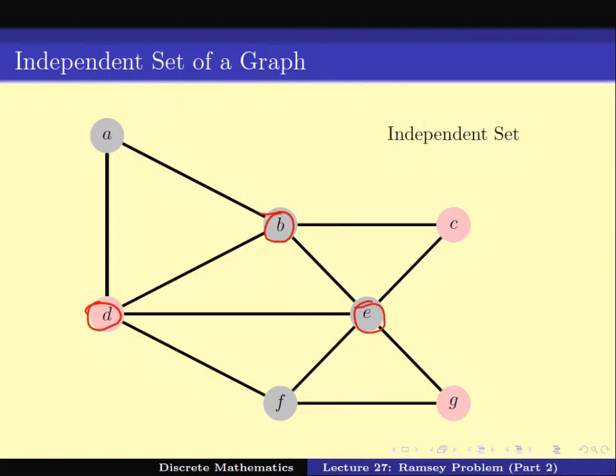Now, if we had an edge between A and E, then in that case, A, B, D and E would have been a clique also, because between any pair among A, D, B and E there is an edge. So we have an understanding of what an independent set is and what a clique is.